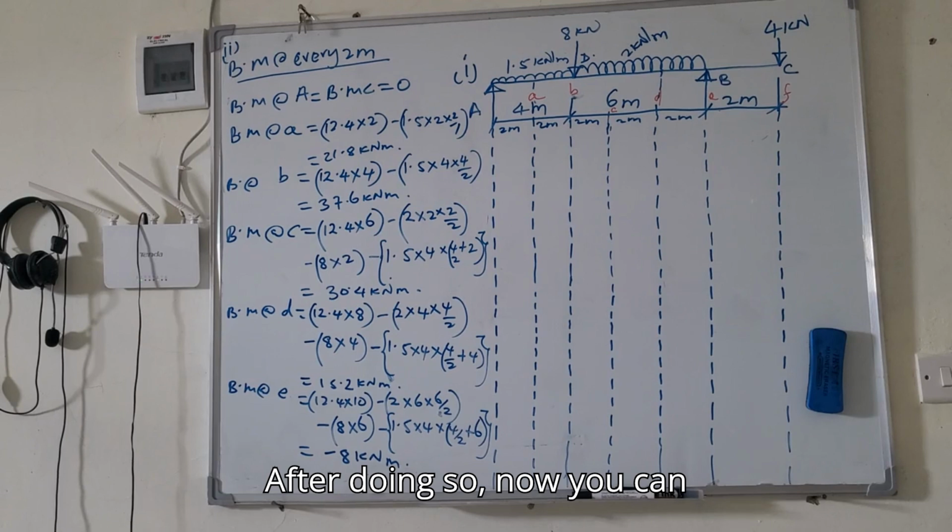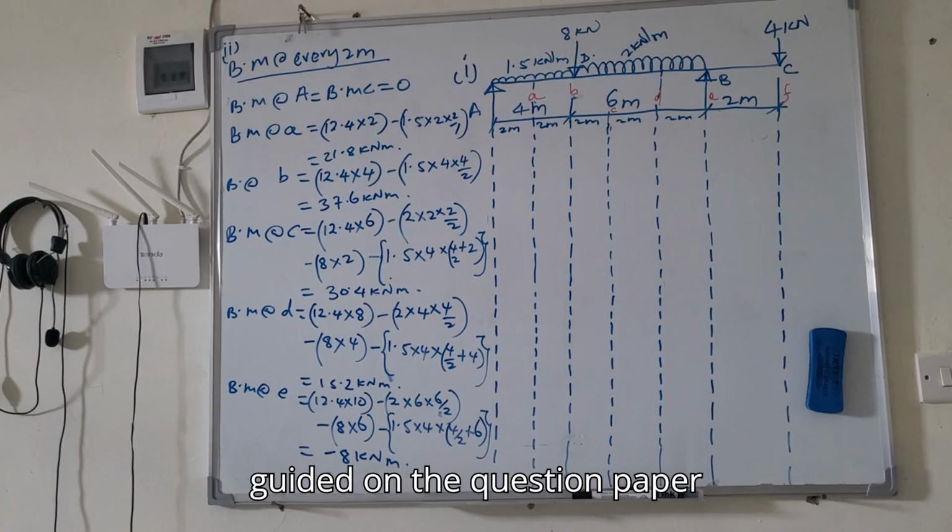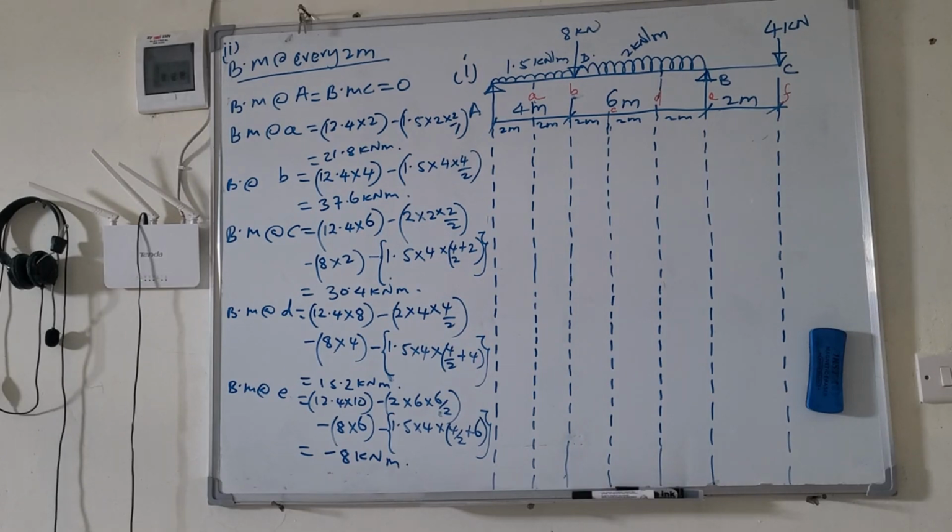After doing so, now you can draw the bending moment diagram as guided on the question paper, Roman number 3. Again, something to note down.